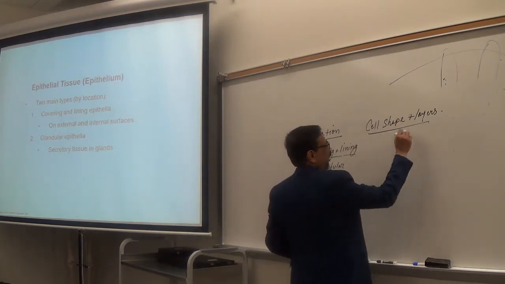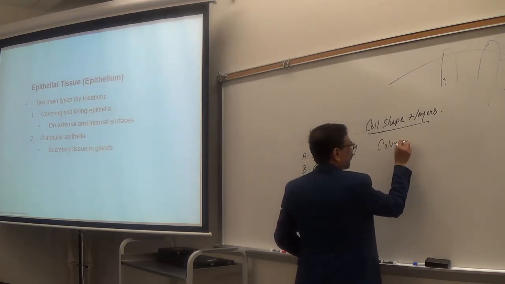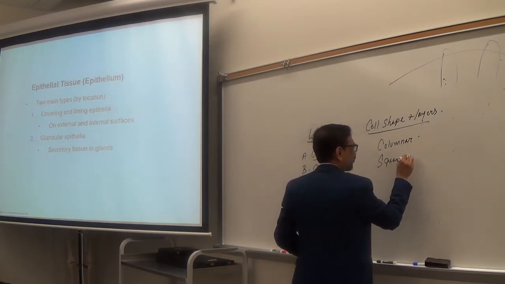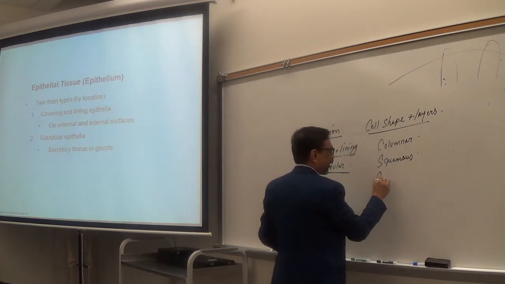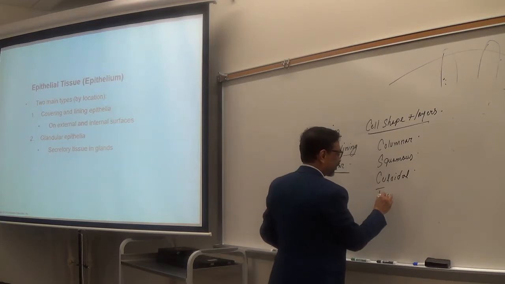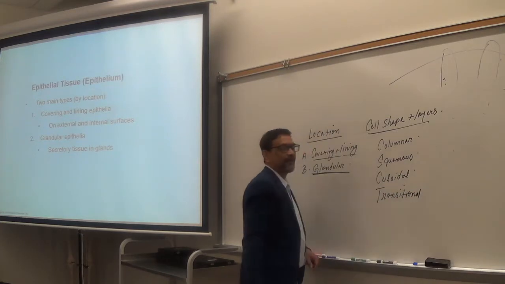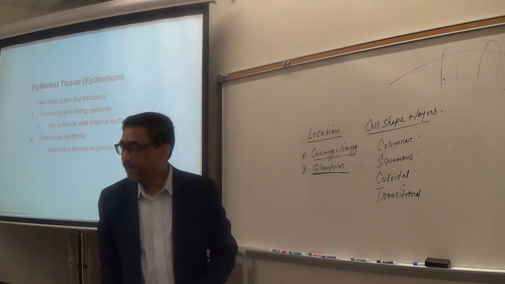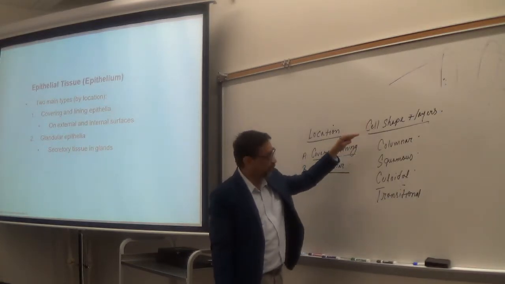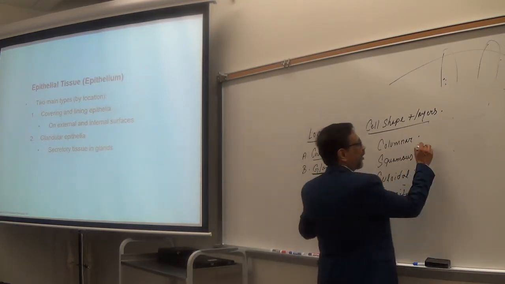By looking at the shape, columnar, squamous, cuboidal, transitional. Okay. By looking at the shape, we divide the epithelial tissue into columnar, squamous, cuboidal, transitional. Columnar.